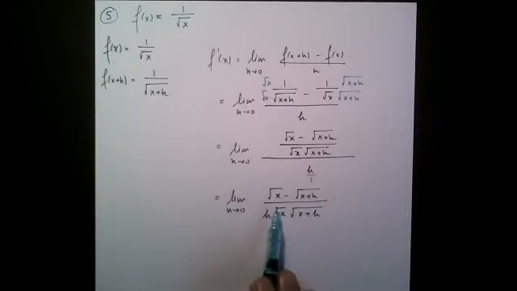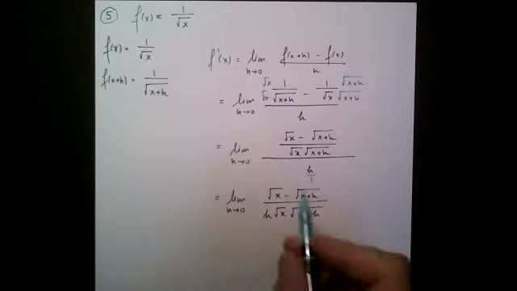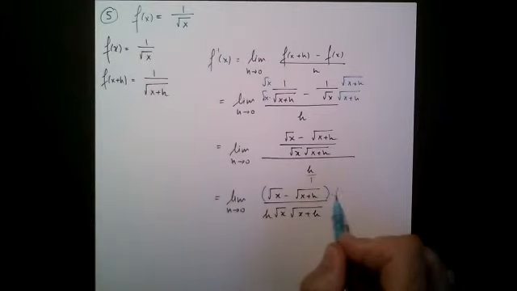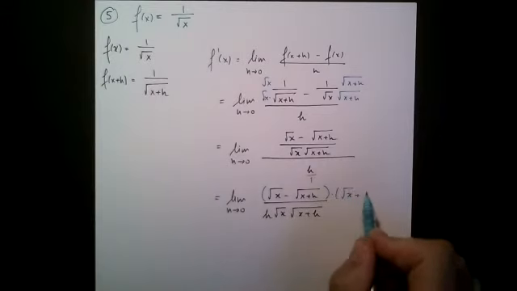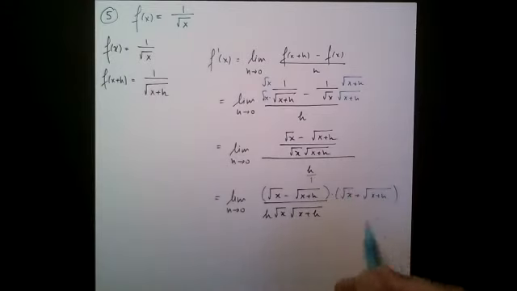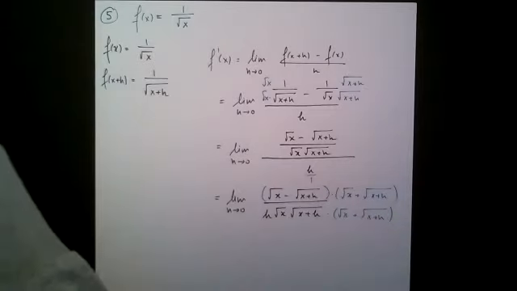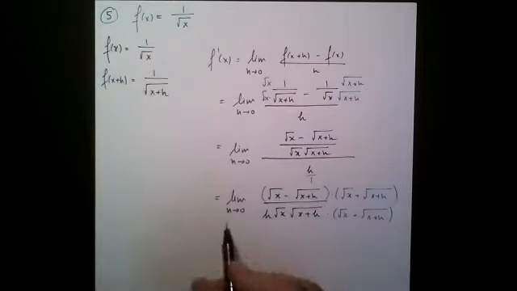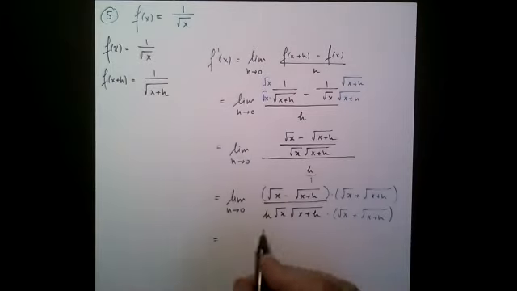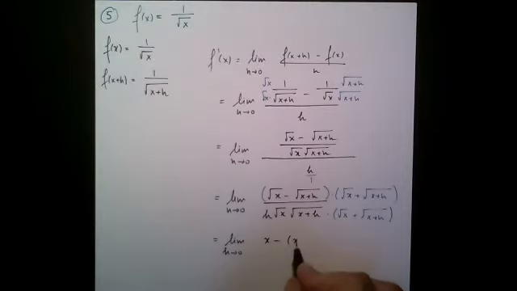Okay, and at this point, I will multiply by the conjugate. Root x plus h, top and bottom. Okay. So on top, I will have x minus, in brackets, x plus h.